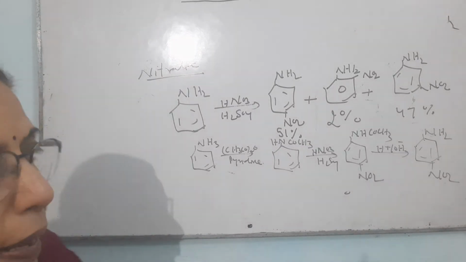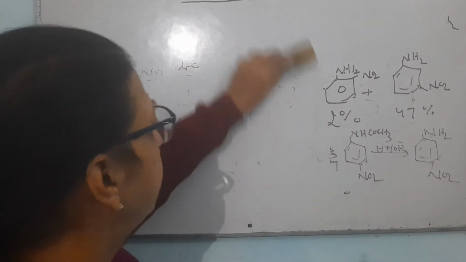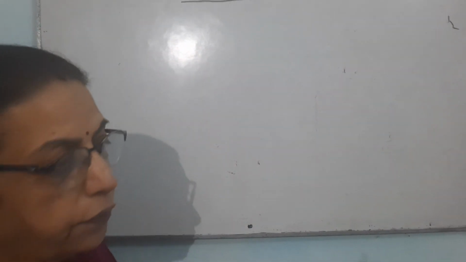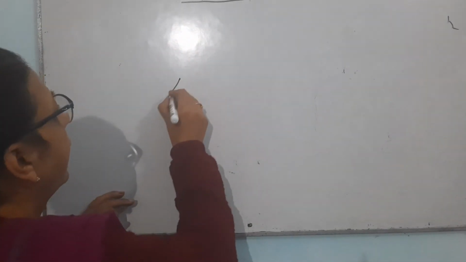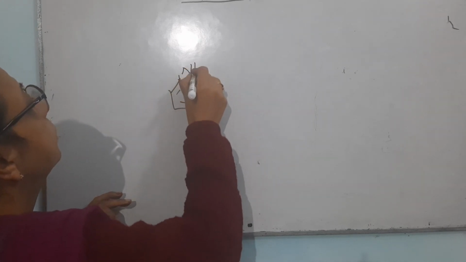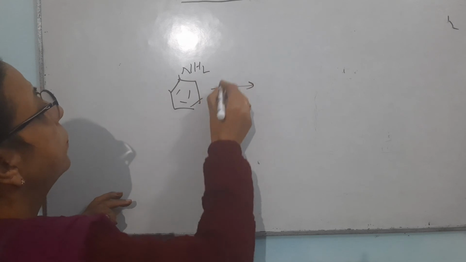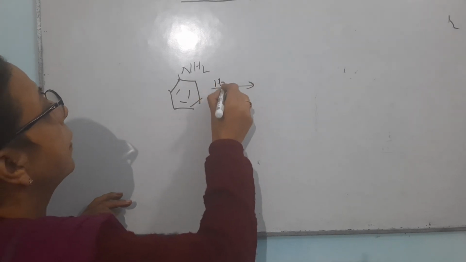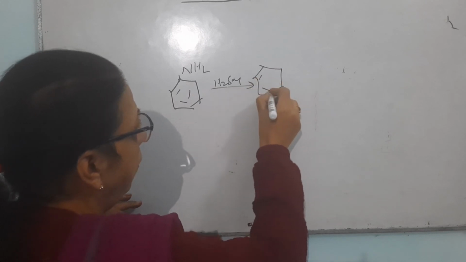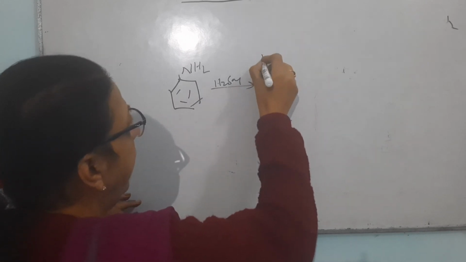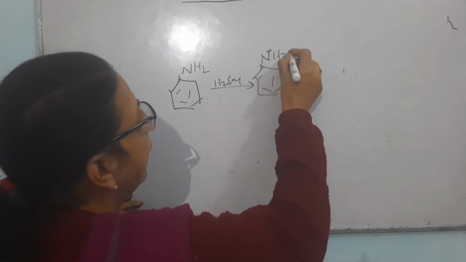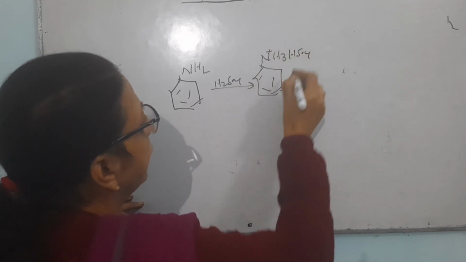Let me write the reaction. This will be heated to give sulfanilic acid. The reaction of aniline with sulfuric acid, H2SO4, there will be formation of anilinium hydrogen sulfate, NH3 positive, HSO4.